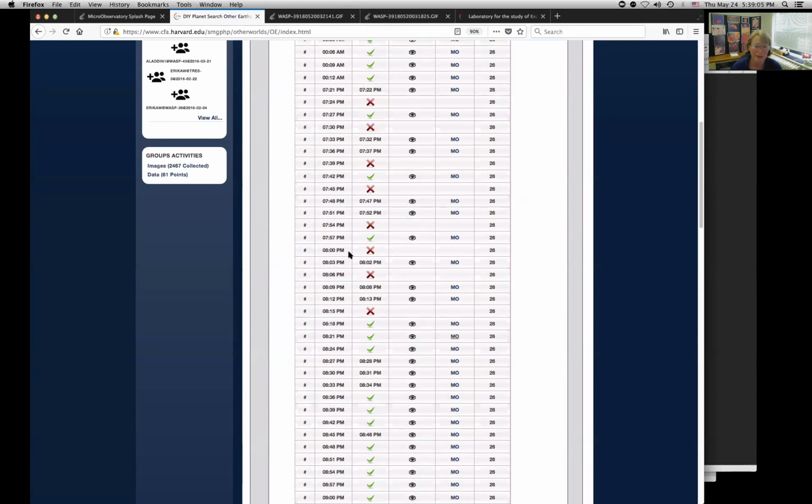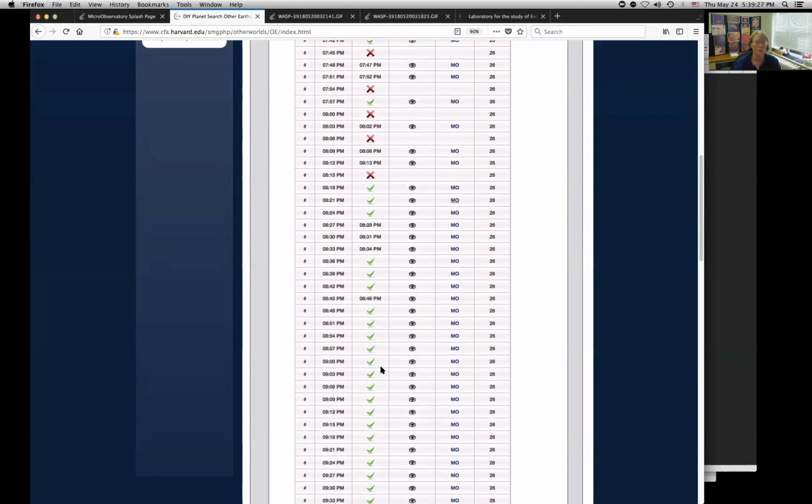So it could be it didn't get taken at the time it was predicted, and your account is looking for an image that didn't get taken at that time, so it goes on to the next one. So the X's are images that didn't get taken. The green check marks did get taken.